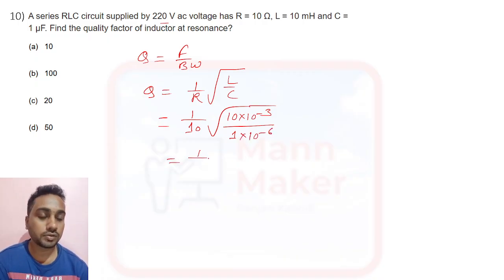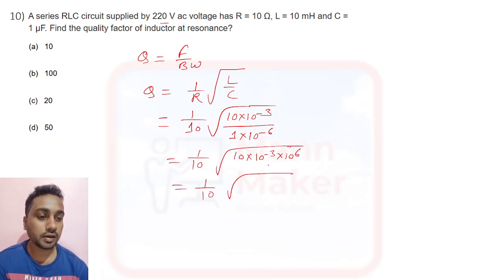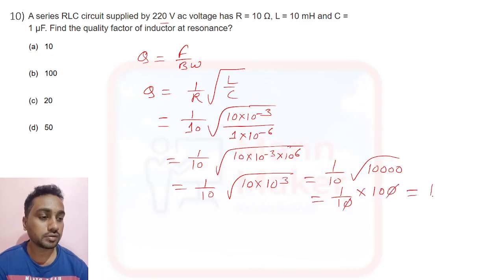Now we need to solve this one. 1 by 10 under root, 10 into 10 to the power minus 3 into 10 to the power 6, so this is 1 by 10 under root 10000, so it will come 100. So this is 10. Option A is the right answer.